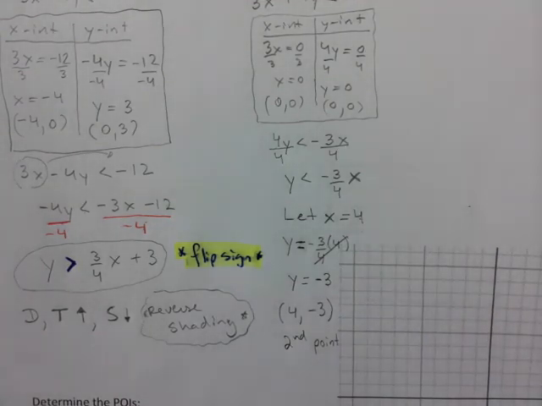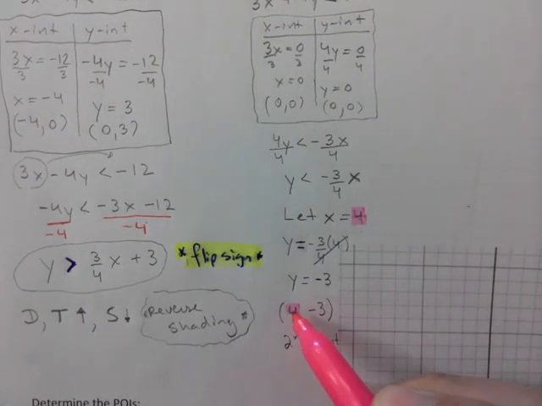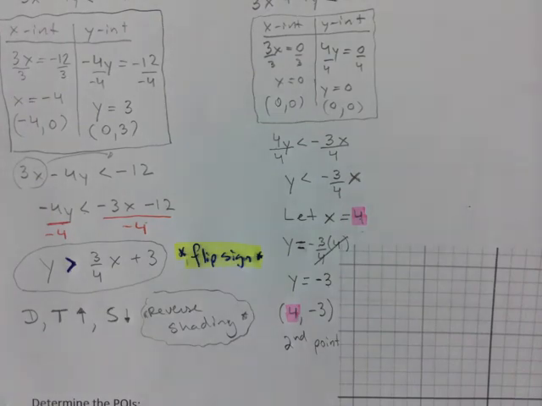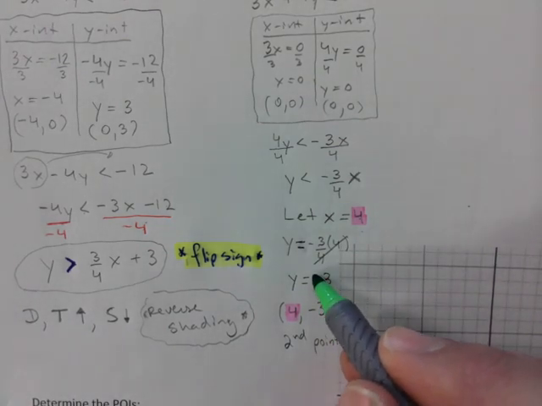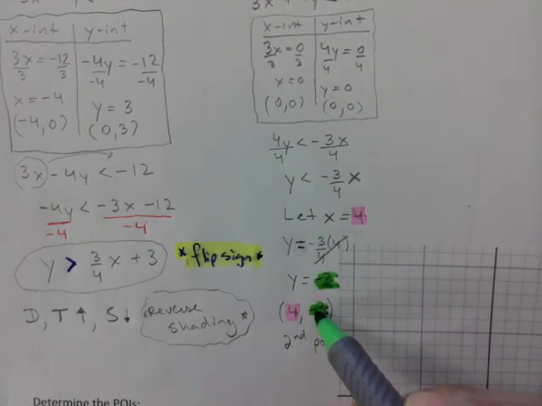And I'm going to do my highlighter part here. I'm just going to say we let x be 4, and therefore that is the x value of that second point we're after. I used to have a green highlighter, a nicer one. Anyways, and y is equal to negative 3, and that comes here.